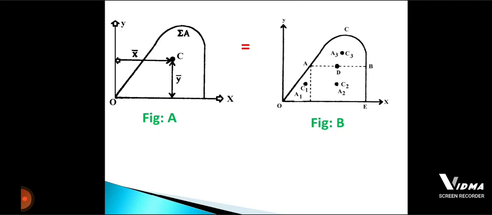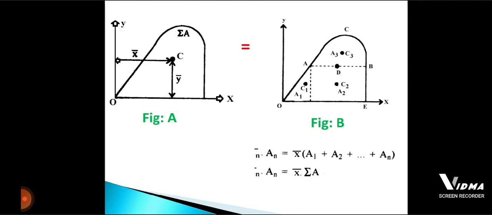To locate the centroid of the composite plate, first find the centroid of each simple figure by inspection or by using standard expressions. To find the abscissa x bar of the plate, take the moment of each simple figure about the y axis, which must be equal to the moment of the composite plate about the same axis.